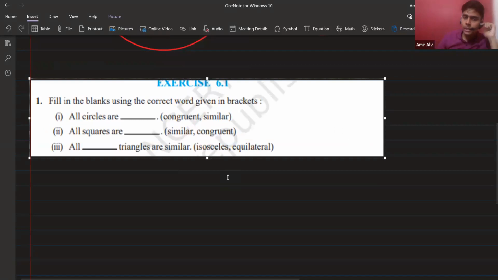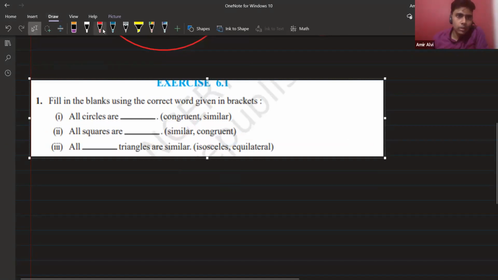Everybody tell me the correct option one by one. What should be the first fill in the blank? Similar. Similar.